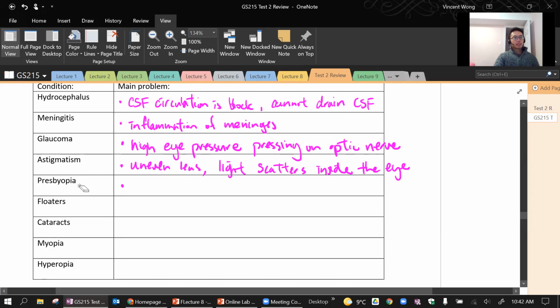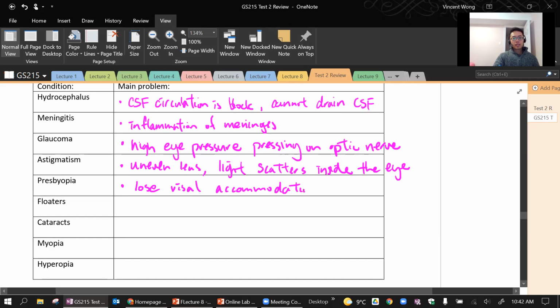Presbyopia. Presbyopia is related to aging, and you lose visual accommodation.